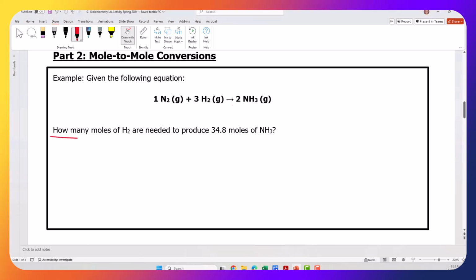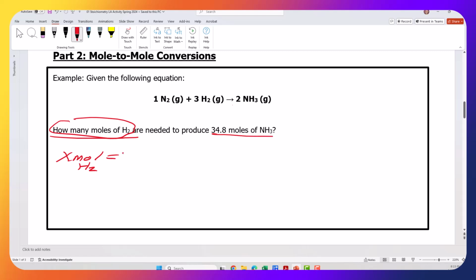How many moles of H2, that's going to be this value right here, what I'm looking for, H2 equals. And so whatever is the how many part, I strongly recommend that you put X moles or X grams or whatever you're looking for over here, then an equal sign, and then you go find the other stuff.